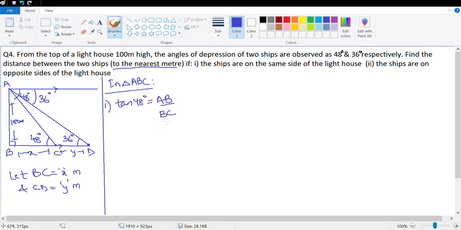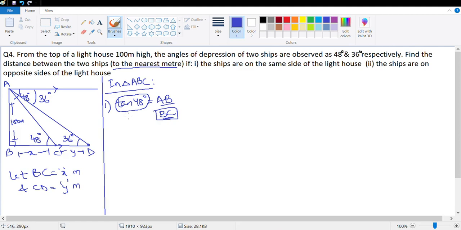If I need to calculate the value of BC, I realize BC is in the denominator, which means my tan 48 will come in the denominator, which means I will end up dividing by a decimal figure. So you should keep this in mind, that whenever you need to find a number, a variable, it should always be in the numerator. Let's continue with this and you will figure out the problem that we face.